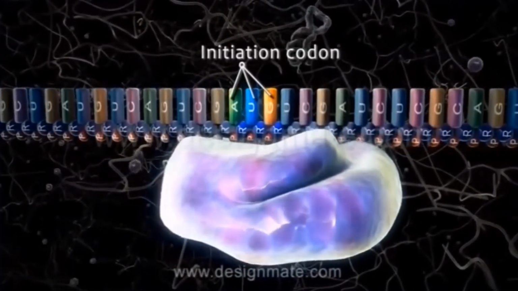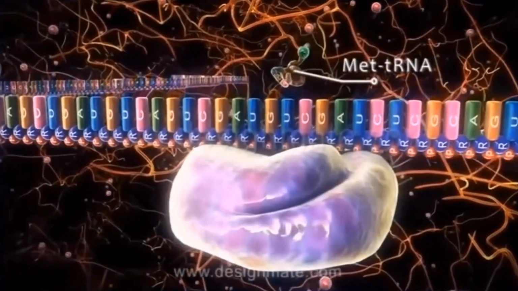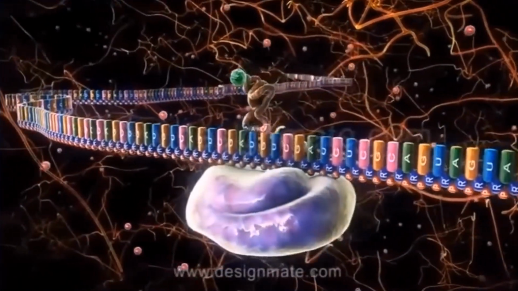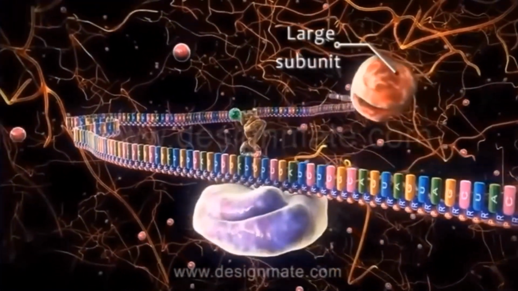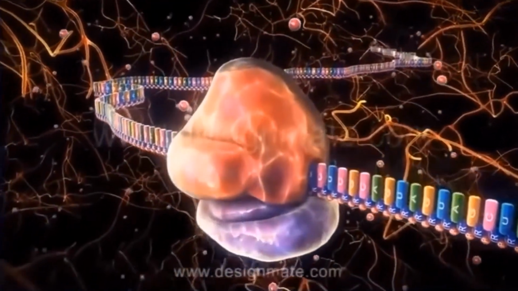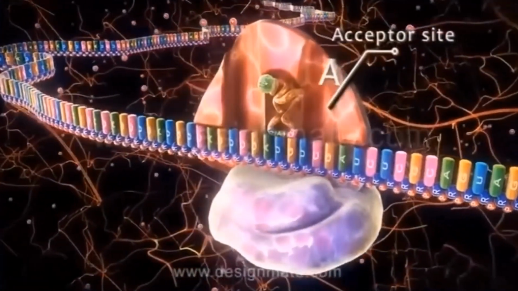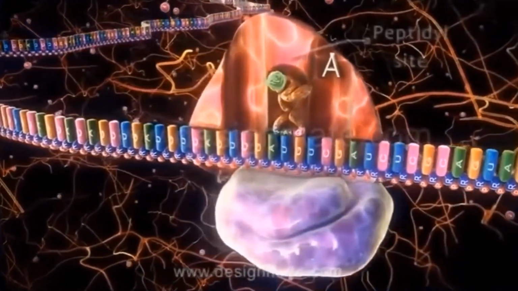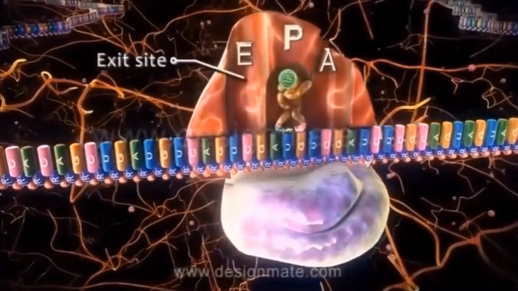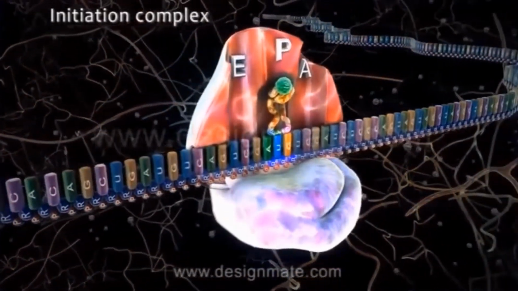At this point, met-tRNA possessing the anticodon UAC pairs up with the AUG codon of the mRNA. Then a large subunit of ribosome combines with a small ribosomal subunit. The large subunit shows 3 sites: the acceptor site or the A site, the peptidyl site or the P site, and the exit site or the E site. This whole unit forms the initiation complex.